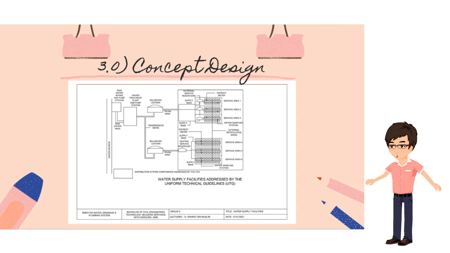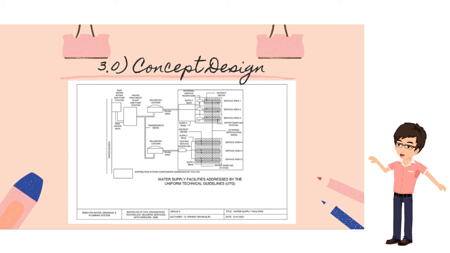The water treatment plant will treat the water, which includes the processes of coagulation, sedimentation, filtration and disinfection. This process is to avoid any harmful bacteria or substances in the water that would affect the quality of the water.